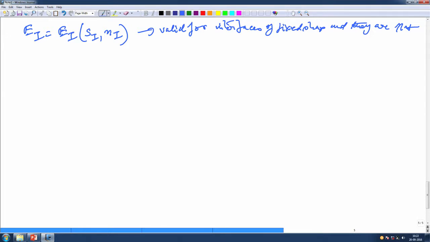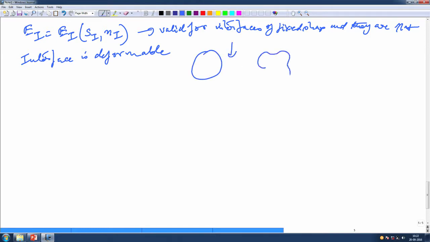But if the interface is deformable, which in most cases it is, right. If you take a droplet like this and apply some kind of a force on it, the droplet surface can actually corrugate or do something like that. So, this interface is becoming a deformable interface. On the other hand, if you just allow this droplet to sit nice and easy, this interface is like a fixed interface.